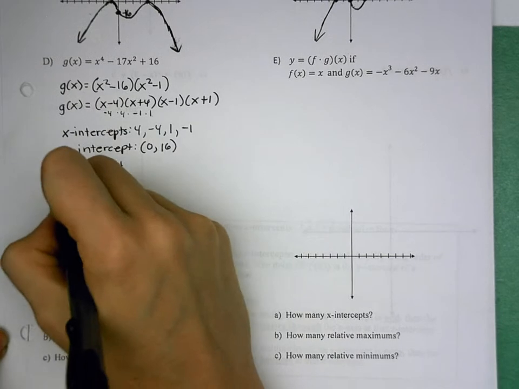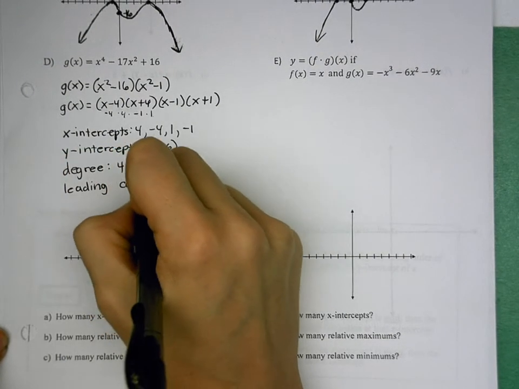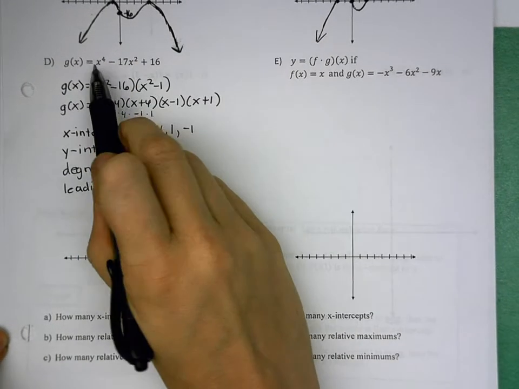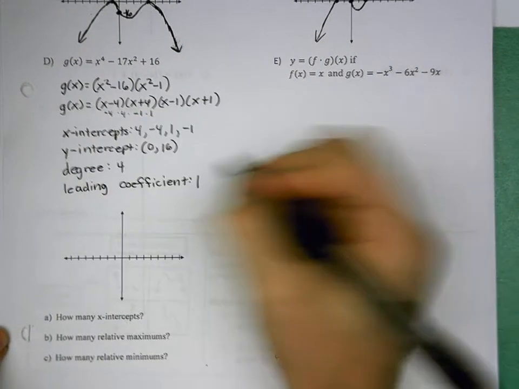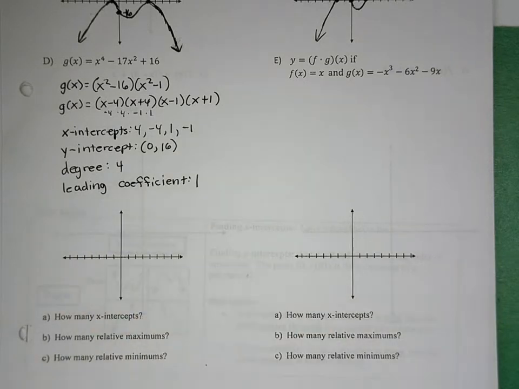And my leading coefficient, again, can see it from the factored form or from the initial. My leading coefficient would be positive 1. And so with an even degree and a positive leading coefficient, we would have an end behavior of going to positive infinity on both sides.